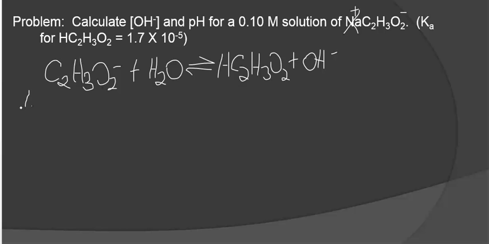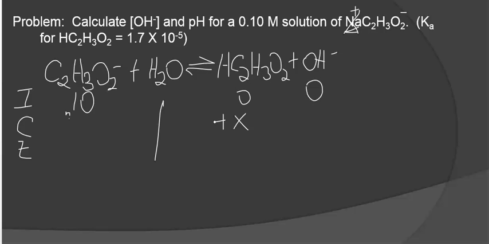Initial concentration is 0.1 for the acetate. Now the sodium is still in solution, but it's a weak ion. It does not react with water. Products are 0. We're going to have to use variables here, plus x and minus x.